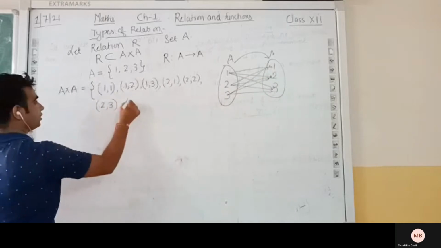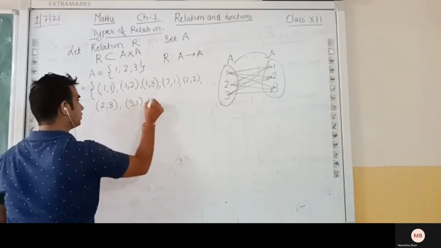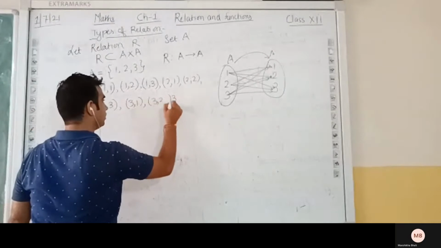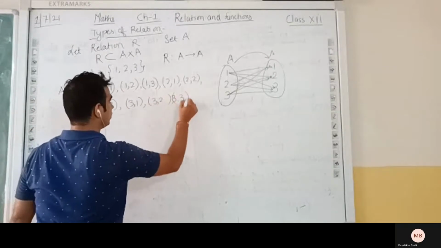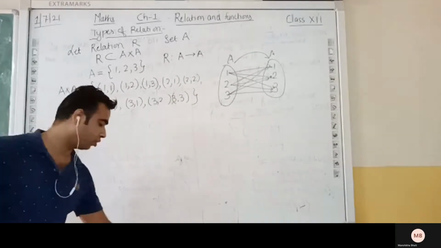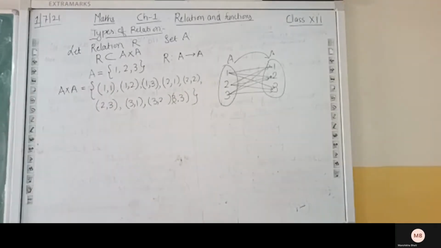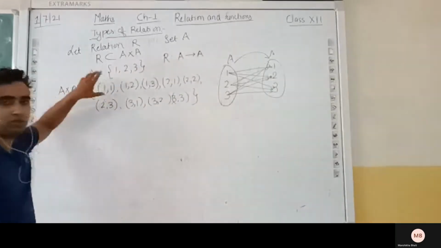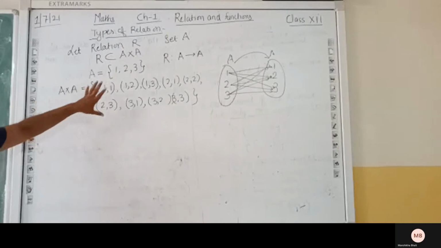So we can write here 3 comma 1, 3 comma 2, and 3 comma 3. Okay, so all these are the possible relations which we can get from the given set A, having relation R from set A onto set A. Okay, so this will give us all possible relations.